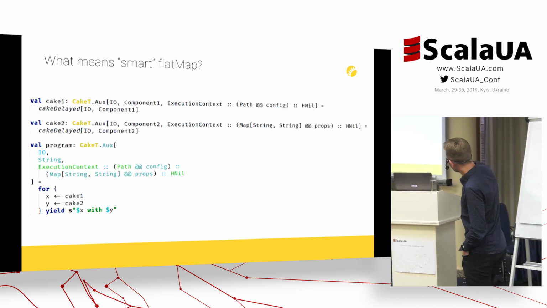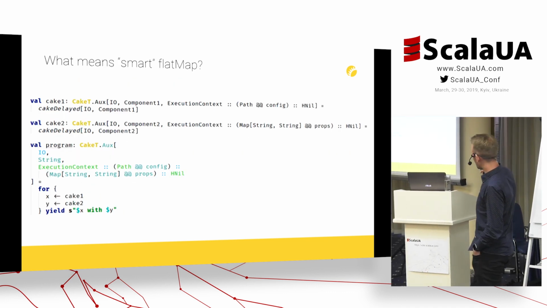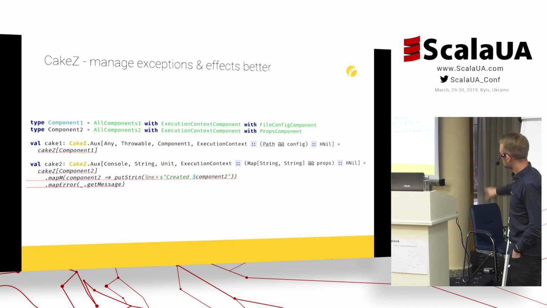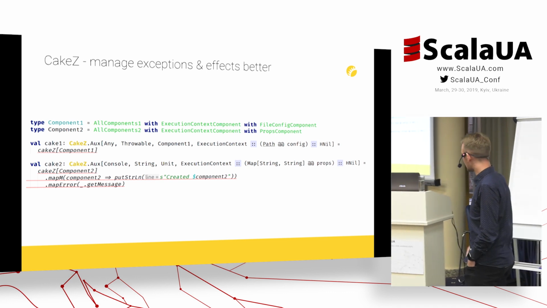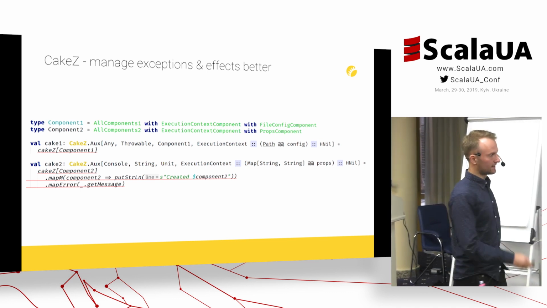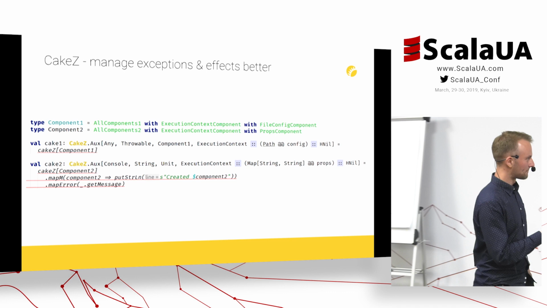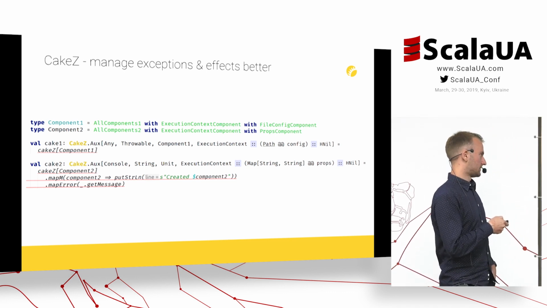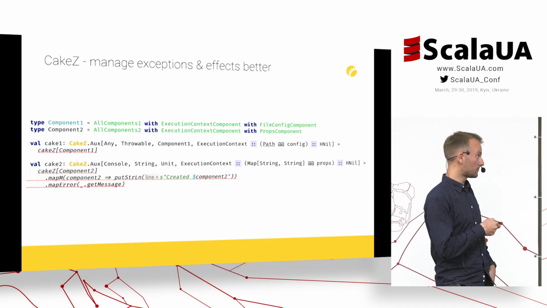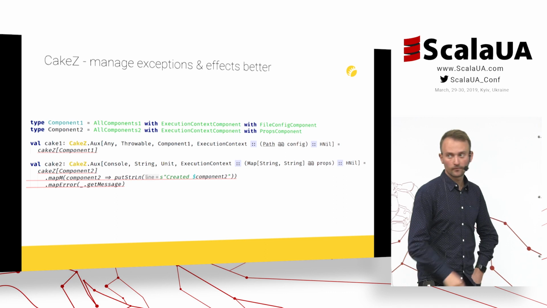So this one is the cats-based implementation. Cakeless also has a ZIO implementation. In this case, the monad is called CakeZ. What does it provide? Component type, dependency type, effect type, and exception type.